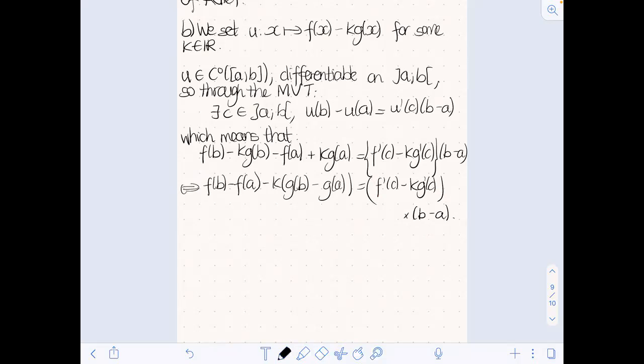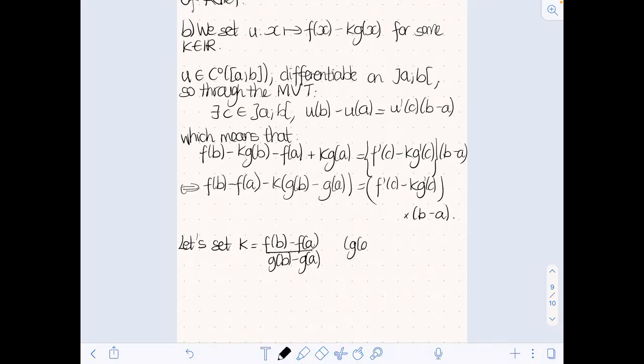So if we set, maybe we can set k to be equal to f of b minus f of a divided by g of b minus g of a. Yeah, absolutely. What do we need to specify to ensure that this constant, as it's a fraction, is a real number? g of b is different than g of a.